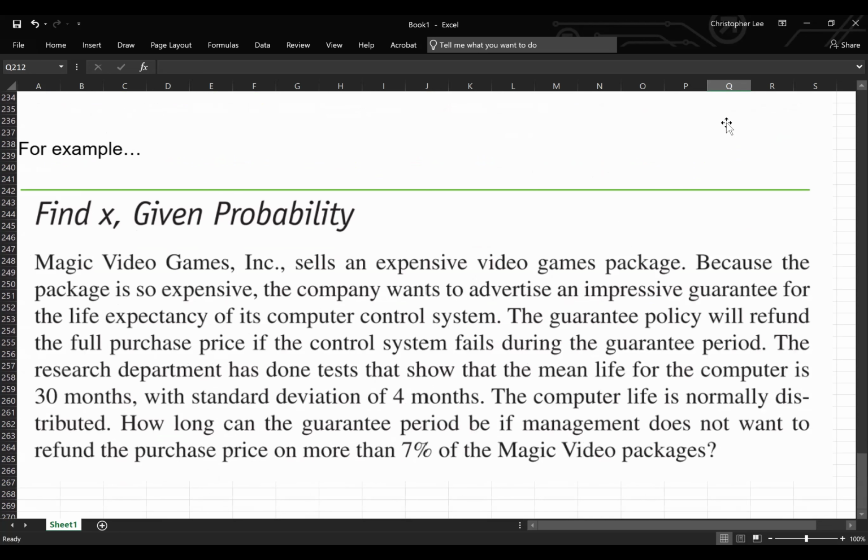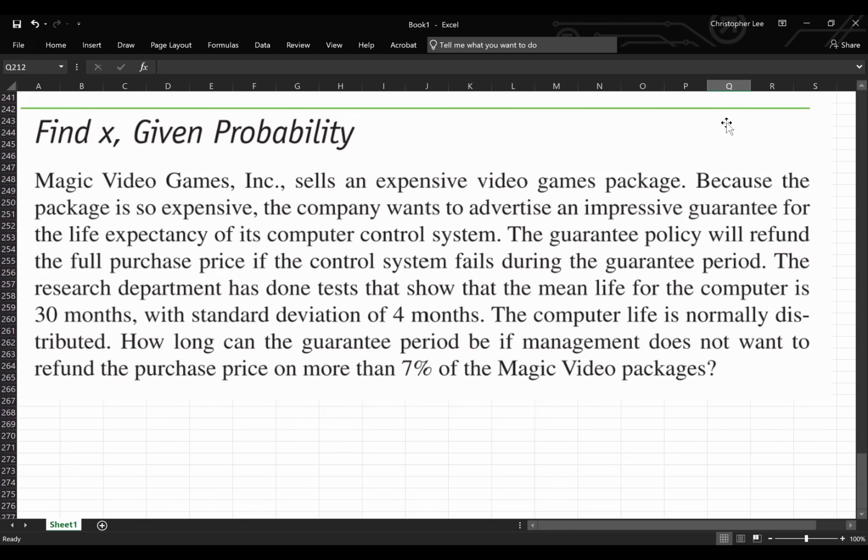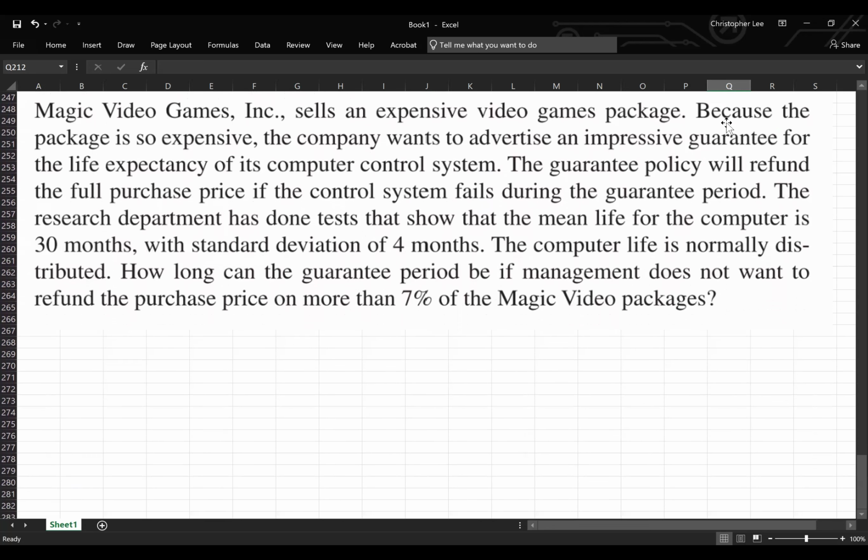Let's look at an example together. All right. So we're looking for X given the probability. Magic Video Games Inc. sells an expensive video game package. Because the package is so expensive, the company wants to advertise an impressive guarantee for the life expectancy of its computer control system.